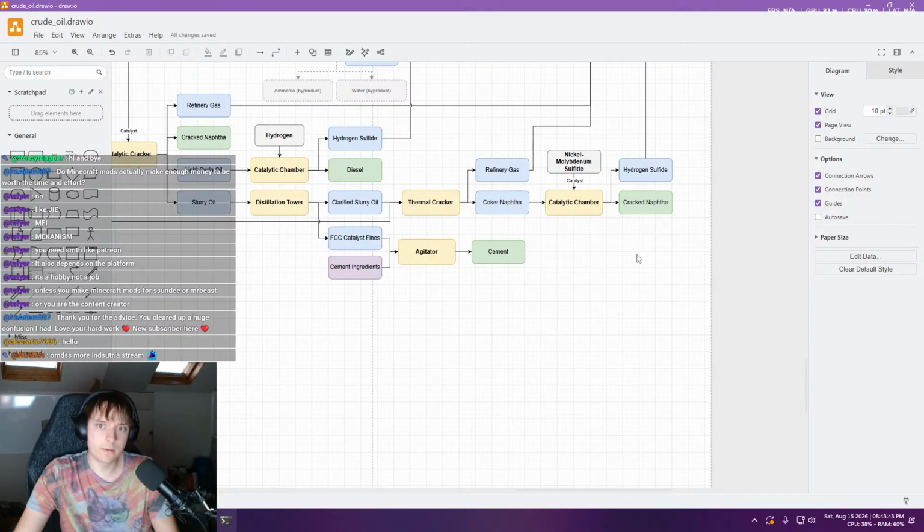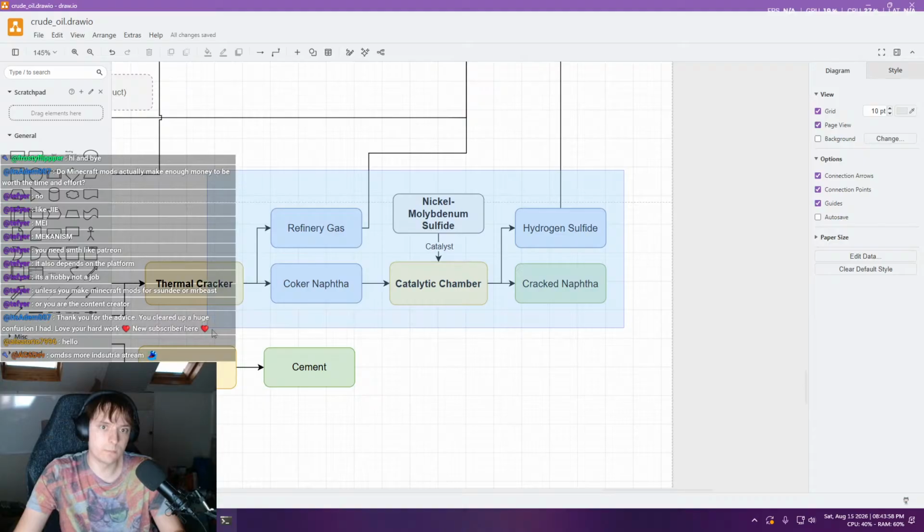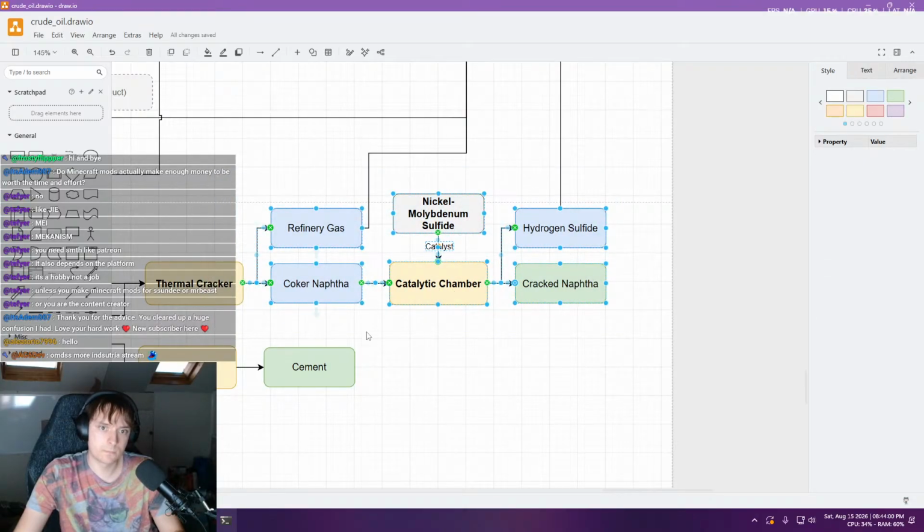Okay. Then one of the other ones that we get from the thermal cracker is coker gas oil. So first of all, actually, let's move these up.